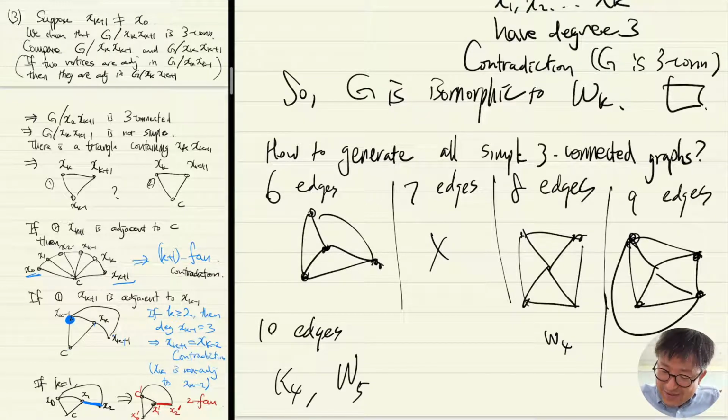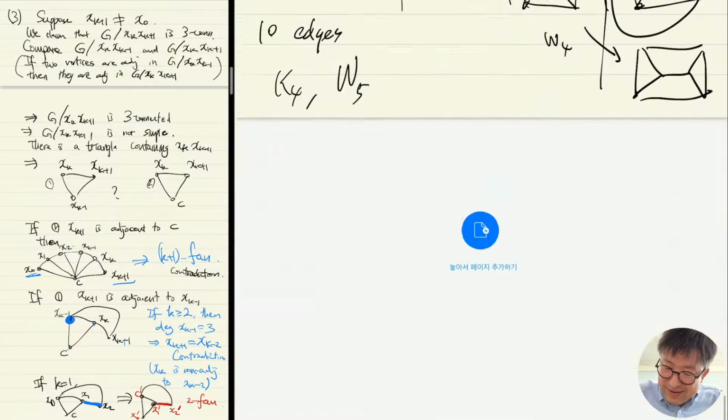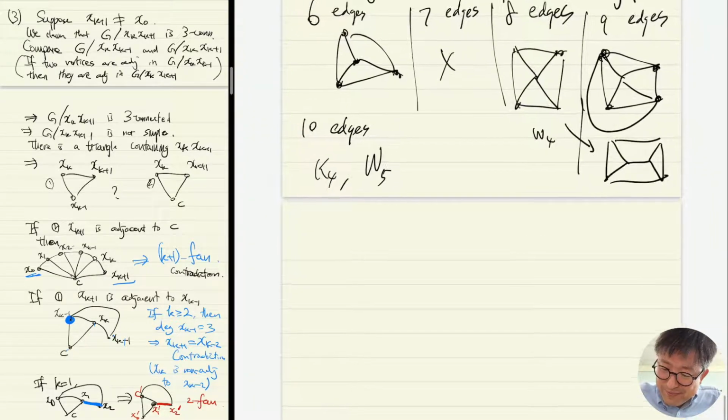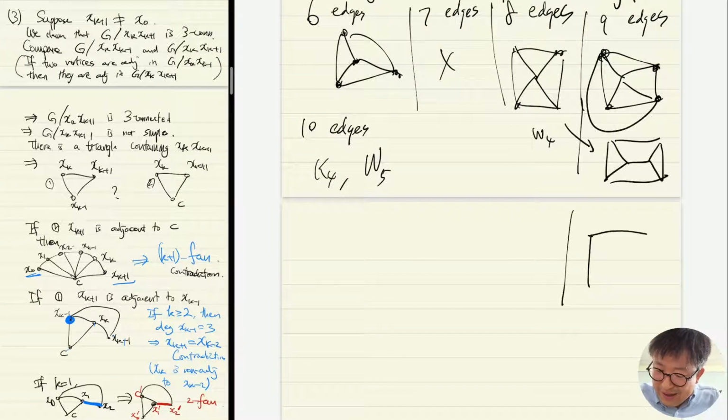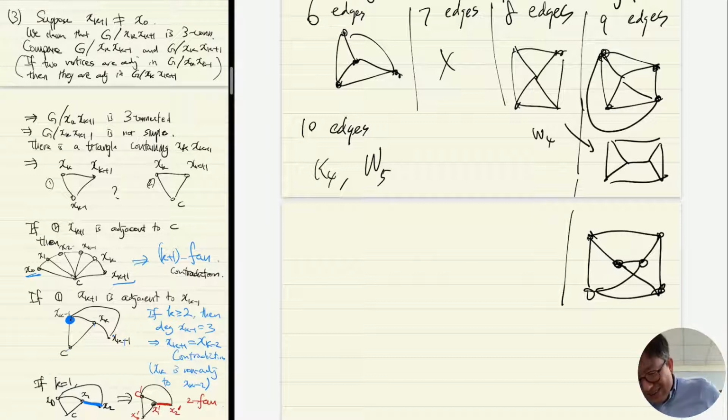Right. What happens if I uncontract from here? I have this graph, or I have this. Right. So there are three 9-edge simple 3-connected graphs.